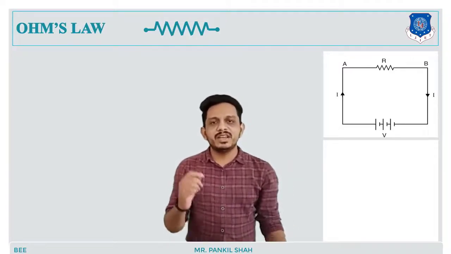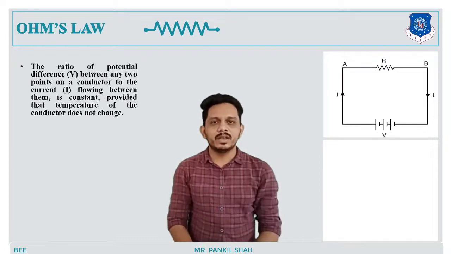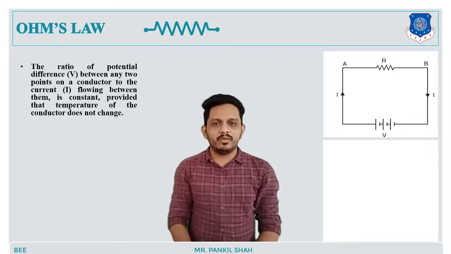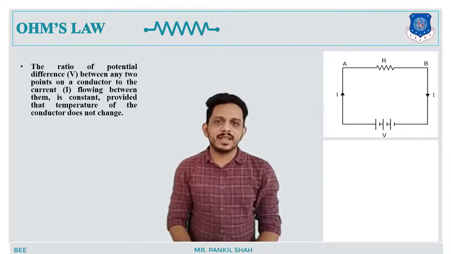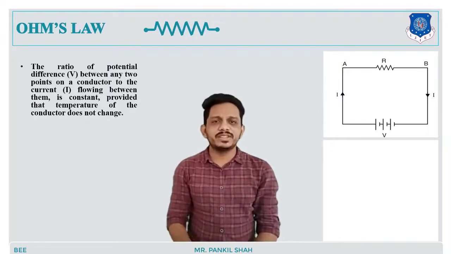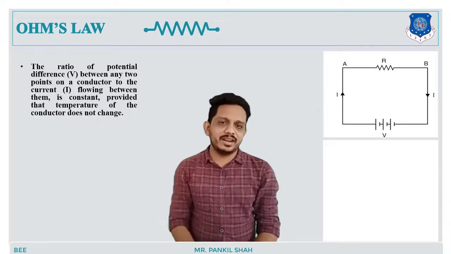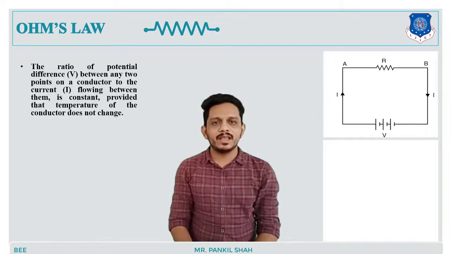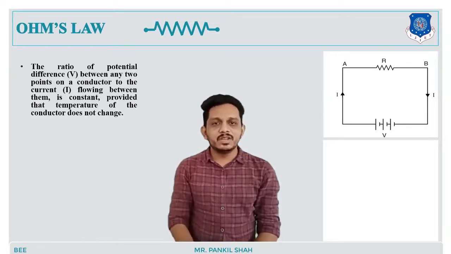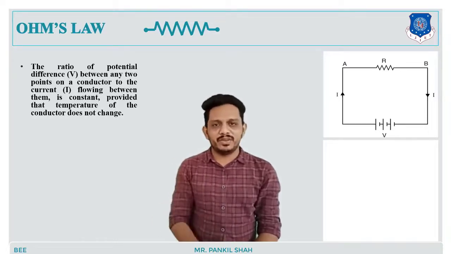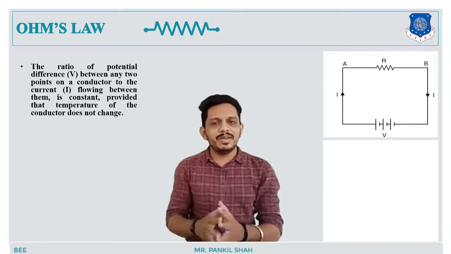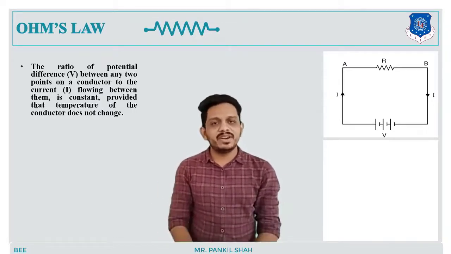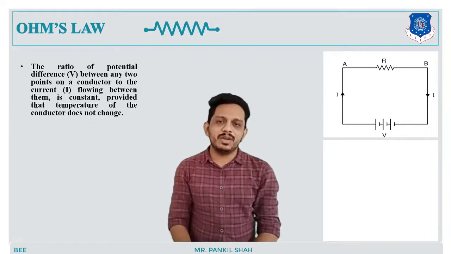Let's first see the statement of Ohm's law. The statement of Ohm's law is that the ratio of the potential difference between any two ends of a conductor, or you can say the voltage applied across a conductor, and the current flowing through that conductor remains the same. Basically, the ratio between voltage and current remains the same if physical parameters do not change and temperature remains constant.